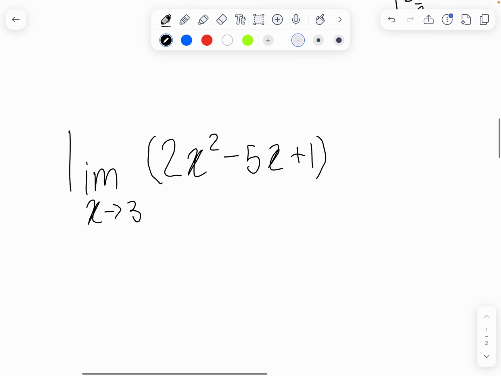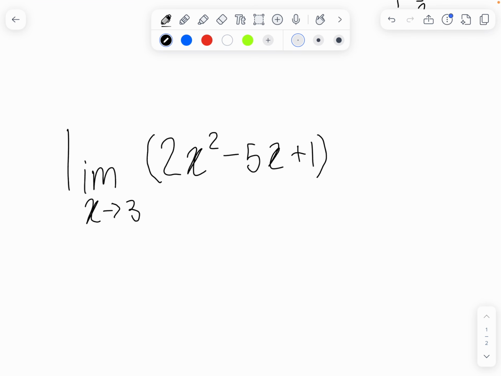So if you know about polynomials, since polynomials are continuous, we can just substitute the value of x equals 3.